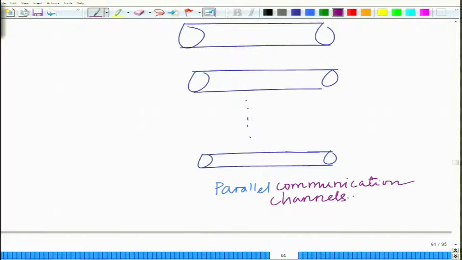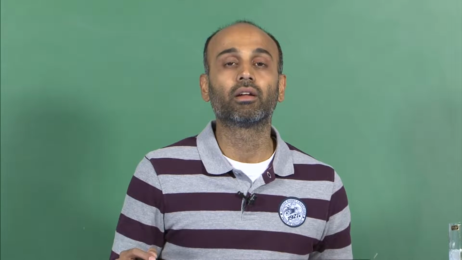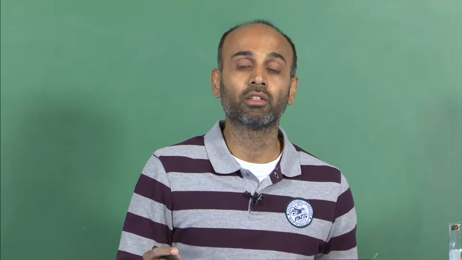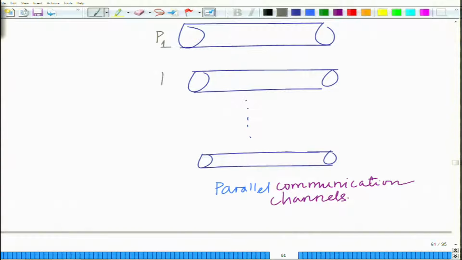So, you have parallel communication channels, and of course, you can transmit at a certain bit rate over each of these communication channels, and the bit rate depends on the power that is allocated to that particular channel. So, let us assume that the power allocated for the first channel is P1, second channel is P2, and so on. You have a set of n parallel communication channels, and the power allocated is Pn.